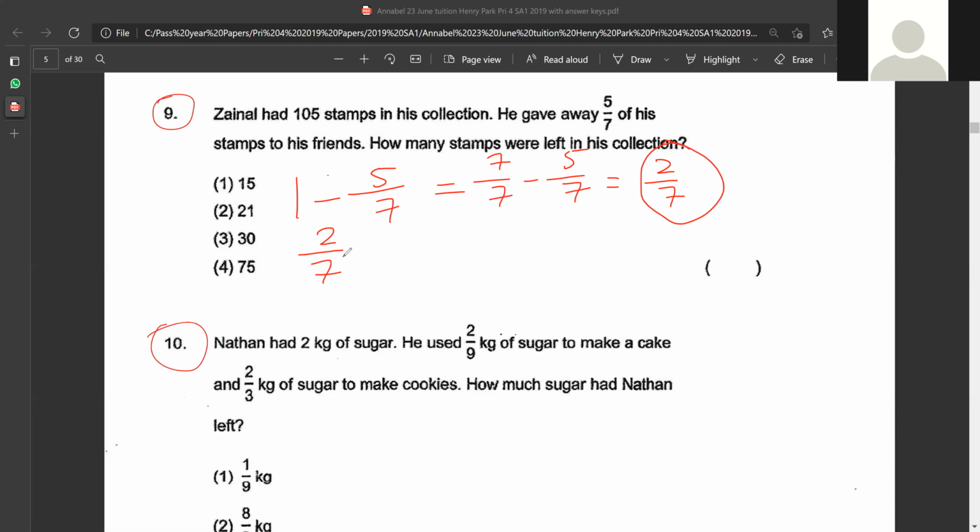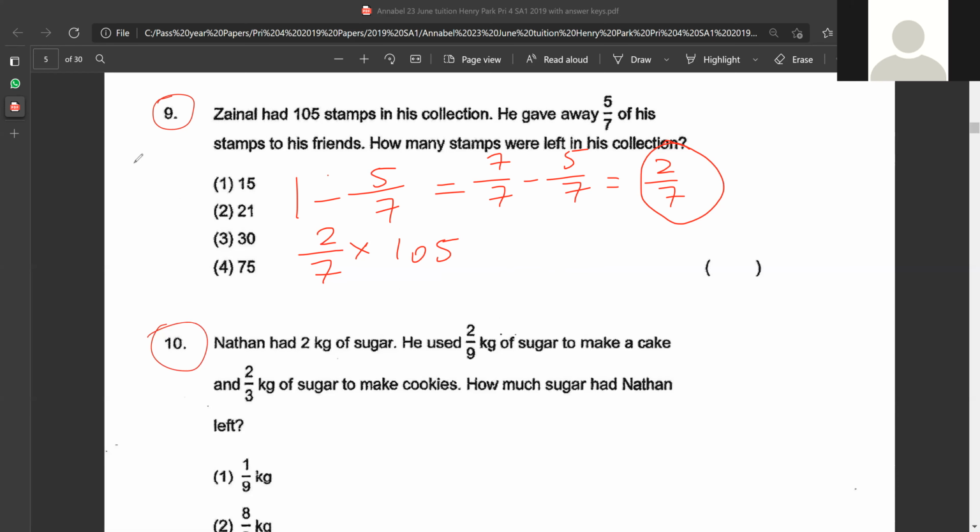2/7 minus 105? Wrong. Try again. 105 minus 2/7? Wrong also. It's not add or minus. 2/7 of his stamps, 2/7 divided by 105? It's times 105. 2/7 of his stamps.